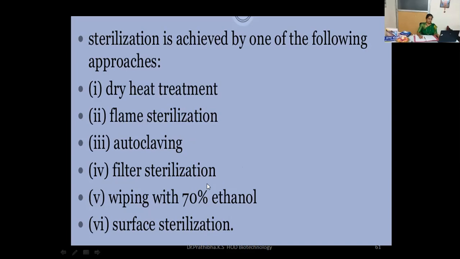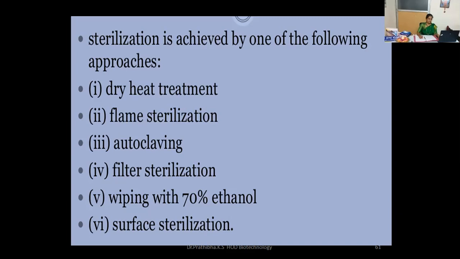Then wiping with 70% alcohol. Okay, for the surfaces that are not possible to be sterilized by any other physical or radiation methods, at that time we are using wiping with 70% alcohol. Where are we using this 70% ethanol? Platform of the laminar airflow chamber, then hands of the operator or worker.